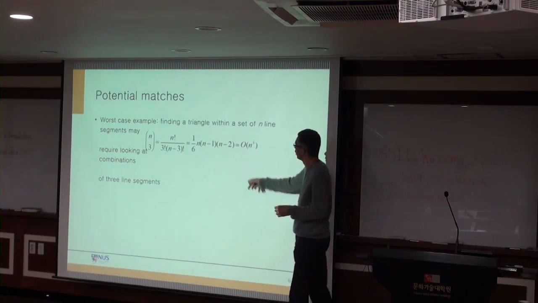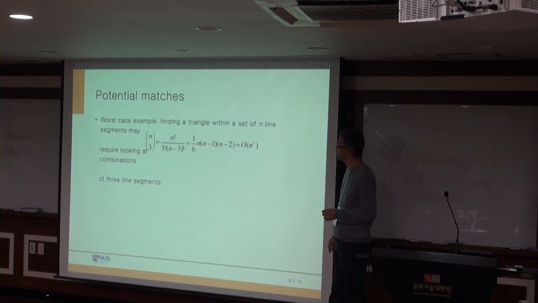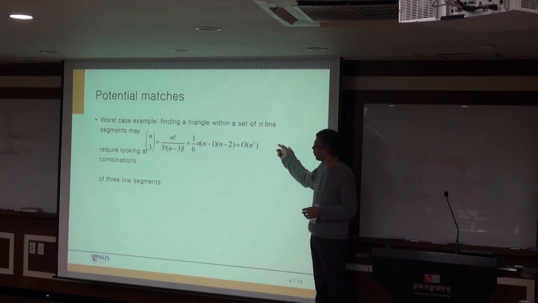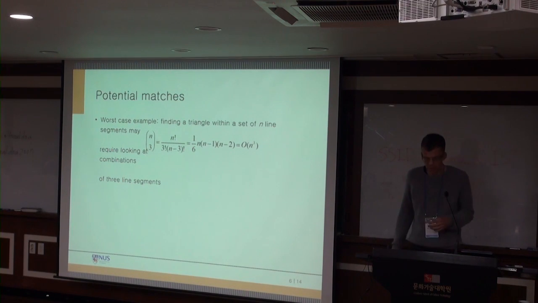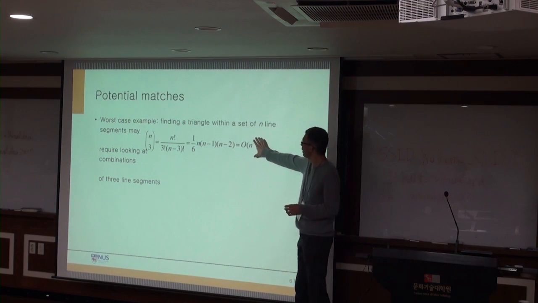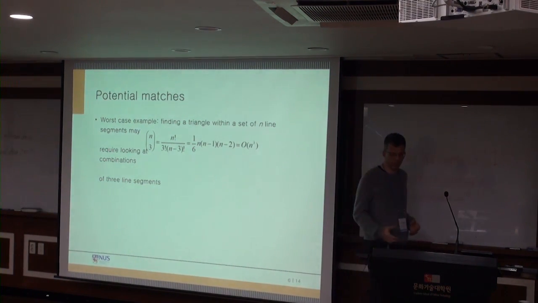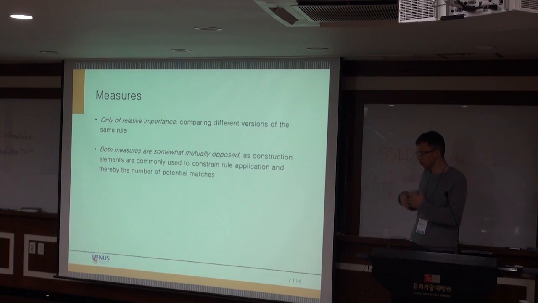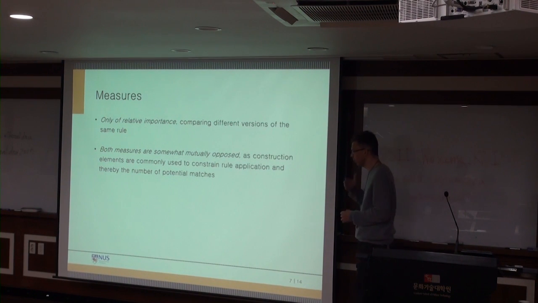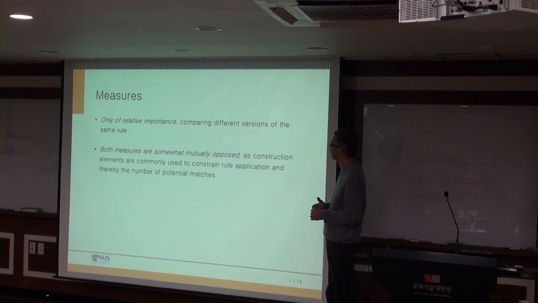It's actually of the order of n cubed, the number of combinations of 3 line segments that we have to look at. And if we can reduce that, then we could get a more efficient algorithm. And reducing that, of course, is exactly why we bring in construction elements, or why we bring in non-terminal elements.